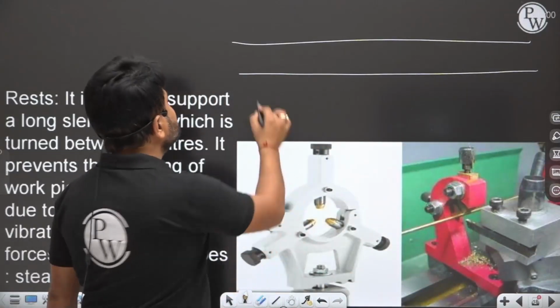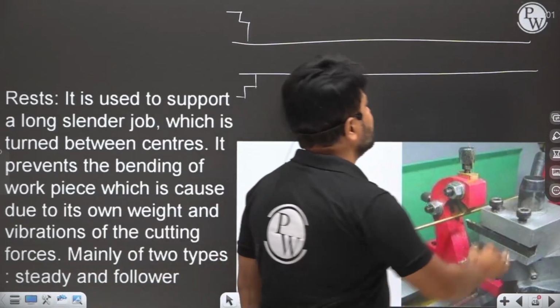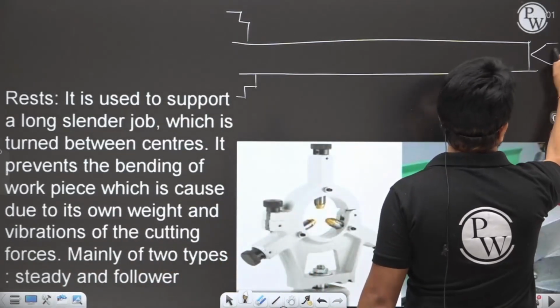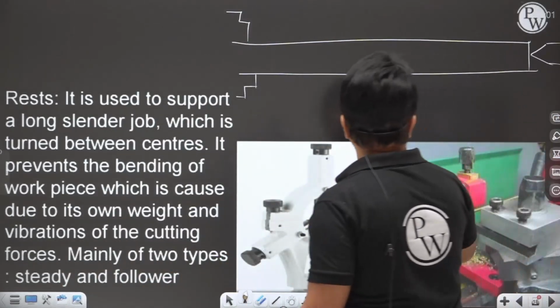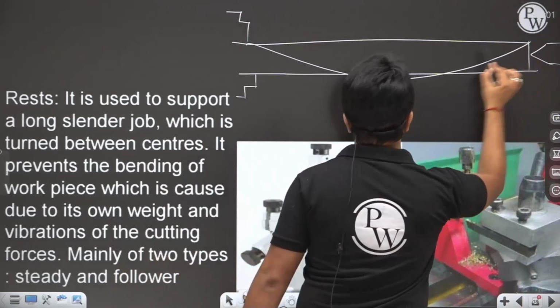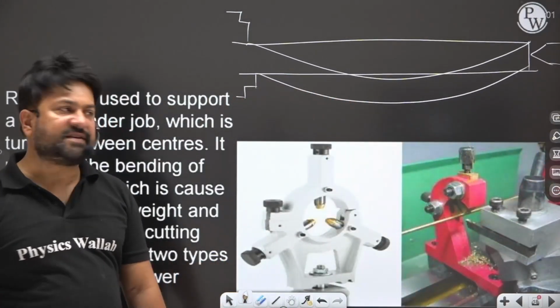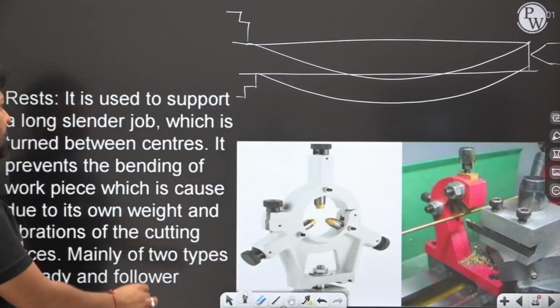If you mount this workpiece here in the chuck and here in the tailstock, sometimes what happens is, because of its own weight, the workpiece is going to bend. So to support the workpiece, we are going to use a rest.